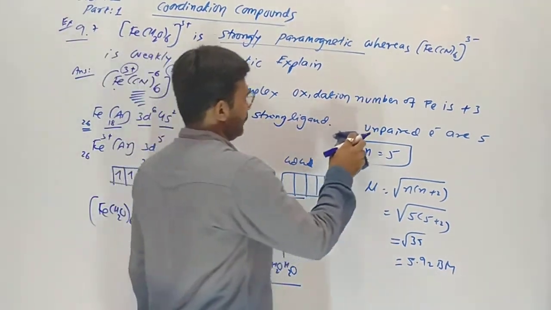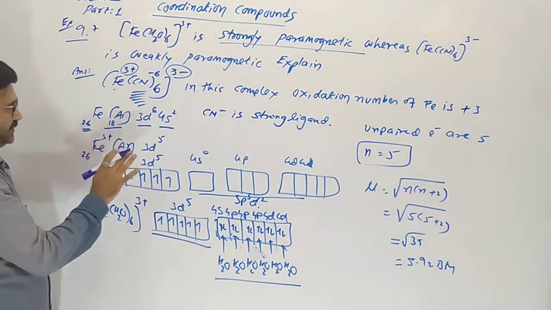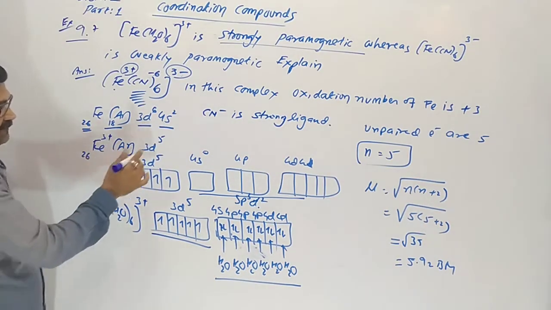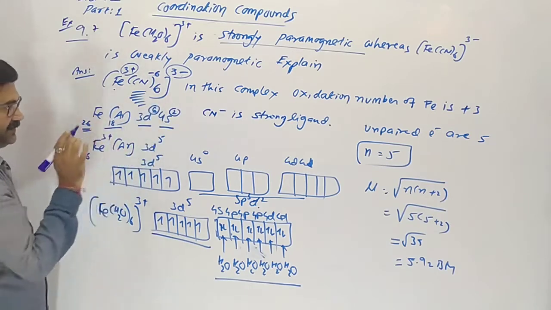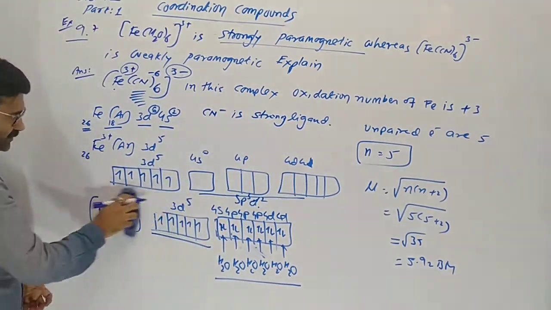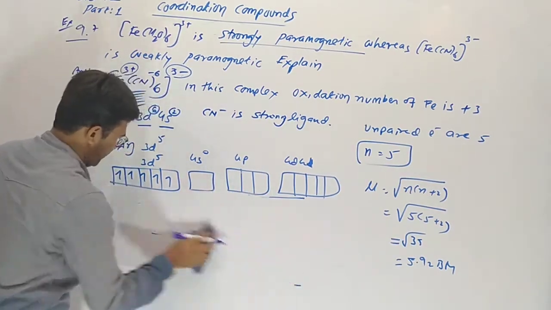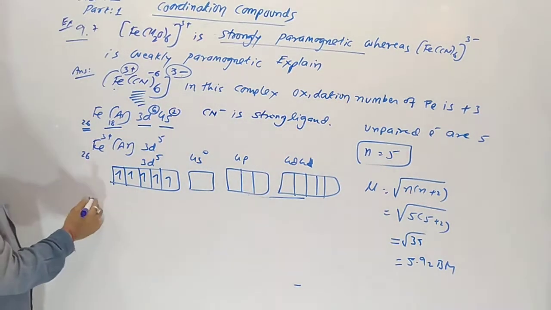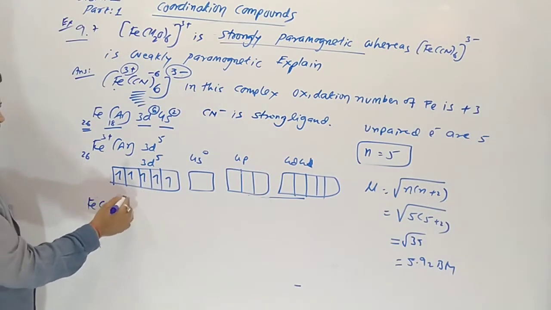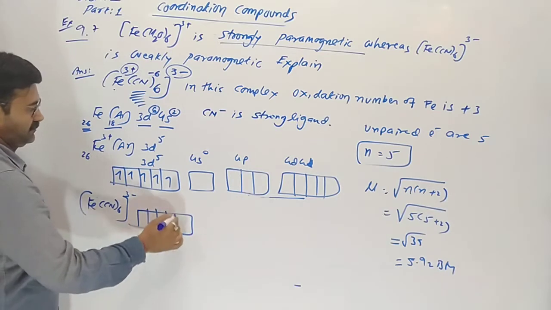So here actually what happens? Fe 4s2 3d6, clear, 3d5, 2 from 4s and 1 from here, 3d5, 4s 4p and 4d vacant. But here cyanide is a strong ligand and it is capable of pushing the electrons.